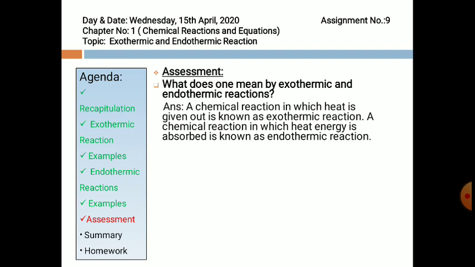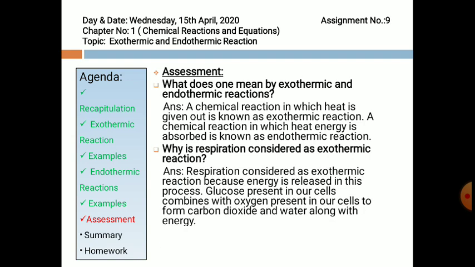Right? Here comes your second question. Why is respiration considered as exothermic reaction? You have studied its example. Try to explain. Here comes the answer.